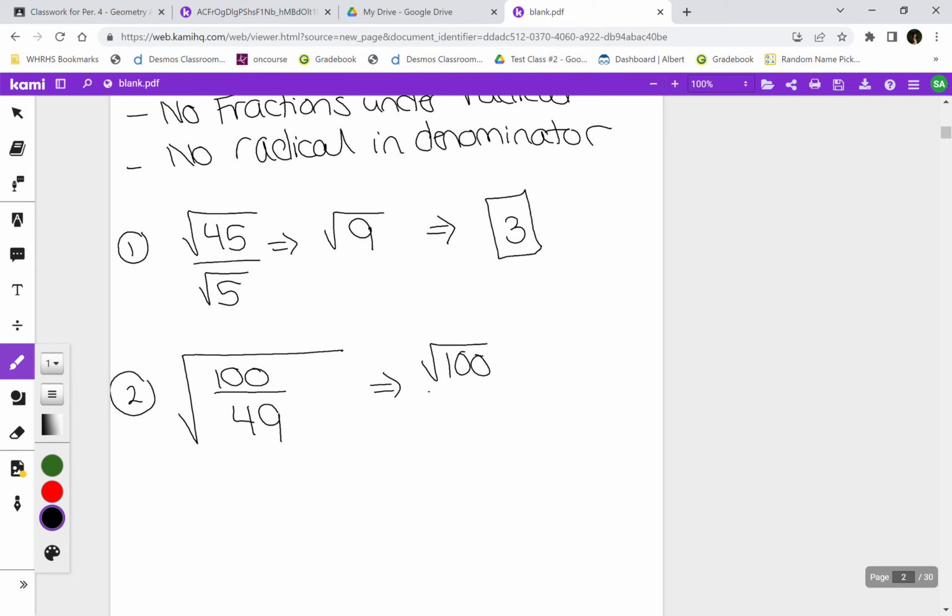So a radical in the numerator, a radical in the denominator. Still not good because you're not allowed to have a radical in the denominator, but this takes care of something. What does it take care of for us? Because they're both perfect squares. Square root of 100 is 10. Square root of 49 is 7.